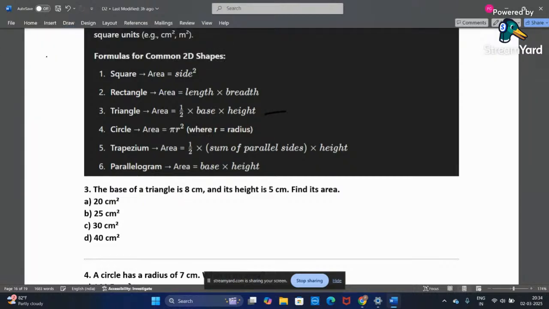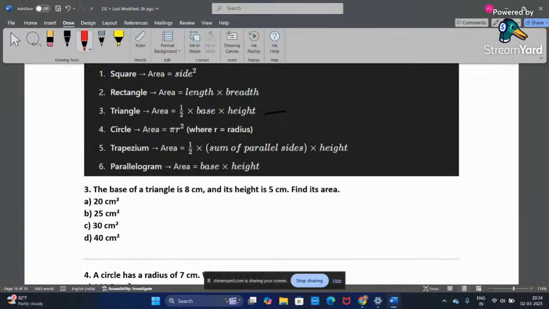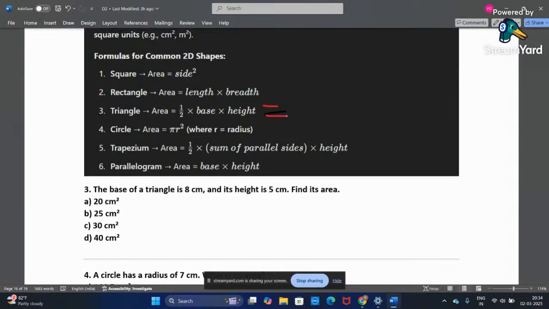Substitute the value. For this, substitute the value: 1 by 2 into, what is the base here? 8 centimeter and height is 5 centimeter.